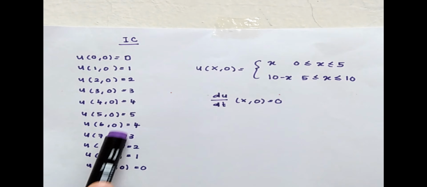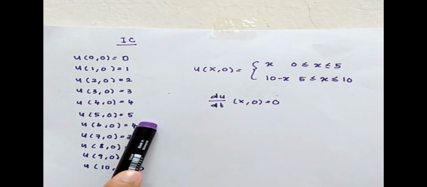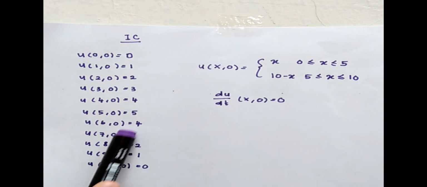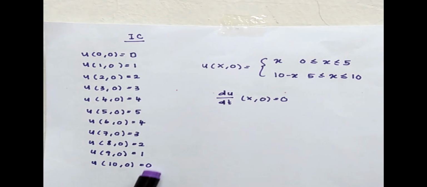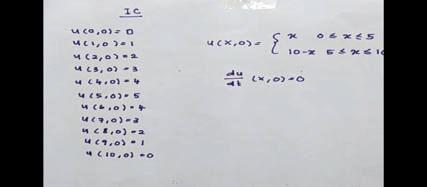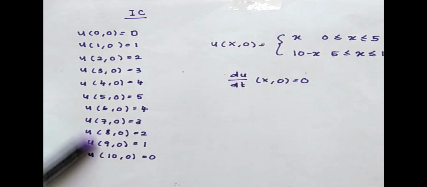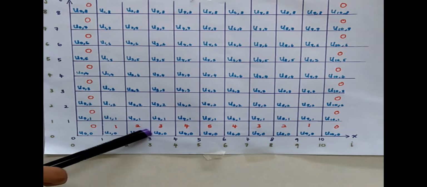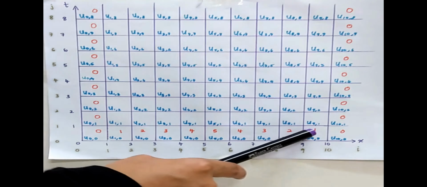So the IC will become 10 minus 6, which is 4, and then it will be like this. When we get the values of IC, we put all these values into this table, which is 0, 1, 2, 3, 4, 5, 4, 3, 2, 1, 0.